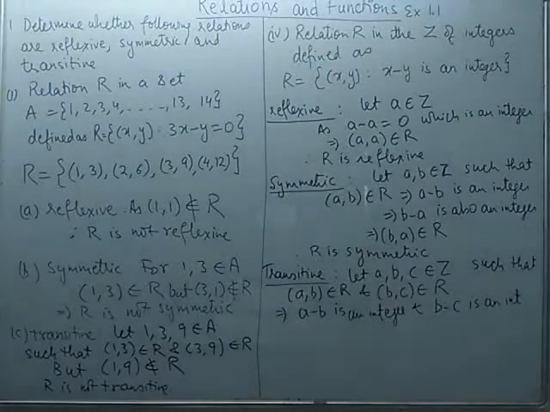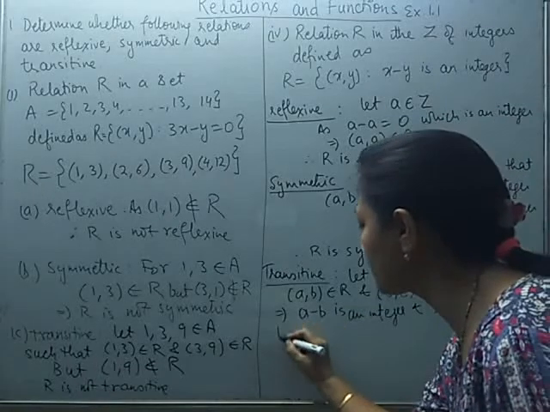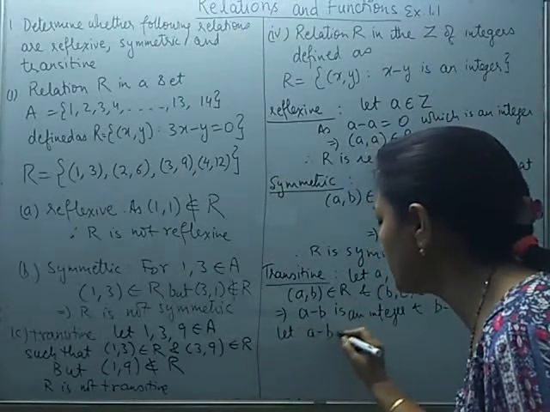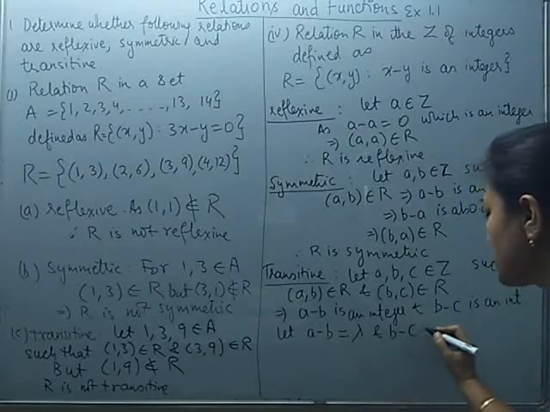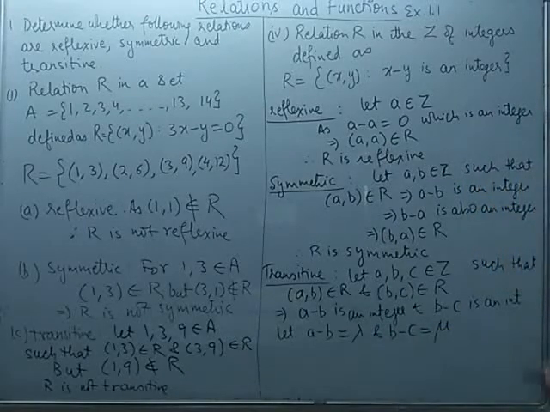Let us write them in the form of integers. Let A minus B be an integer lambda and B minus C be an integer mu, where lambda and mu both belong to Z.